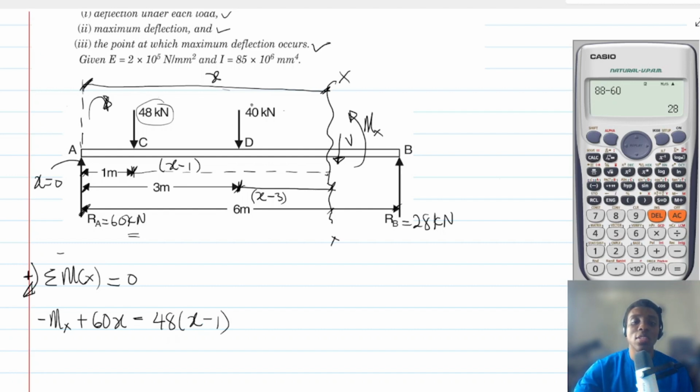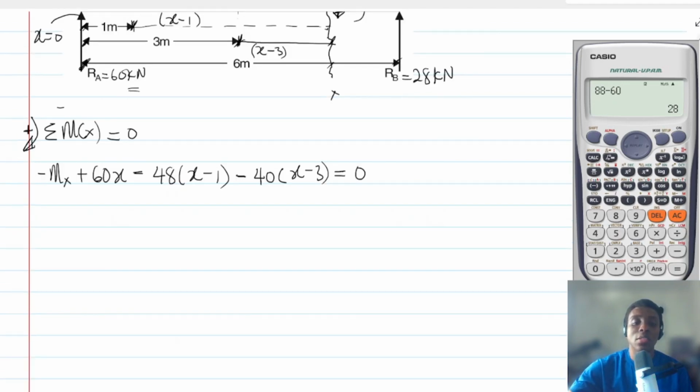The load is coming downwards, and the moment is going to come this way. At this point, I expect you to understand moment. So it's going to be counterclockwise, minus 40 into bracket (x minus 3). And you can equate it to 0 because we are done with the forces.